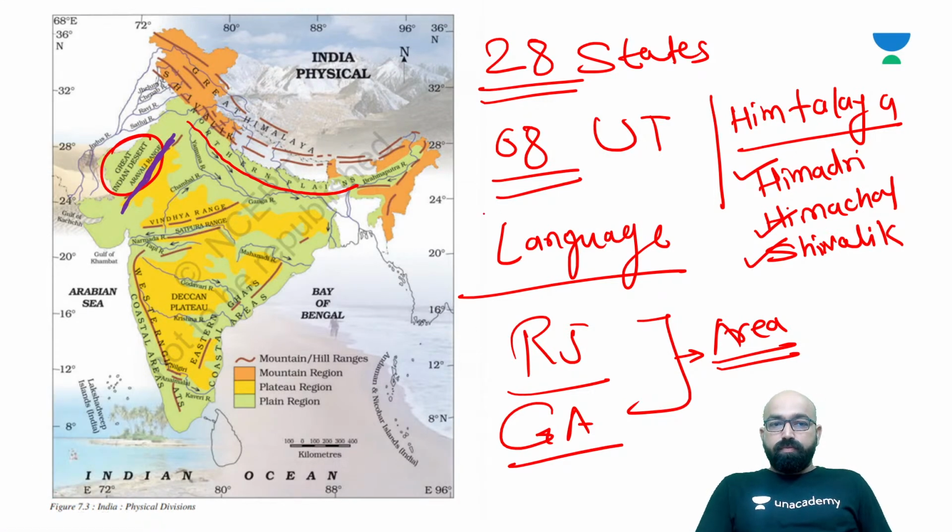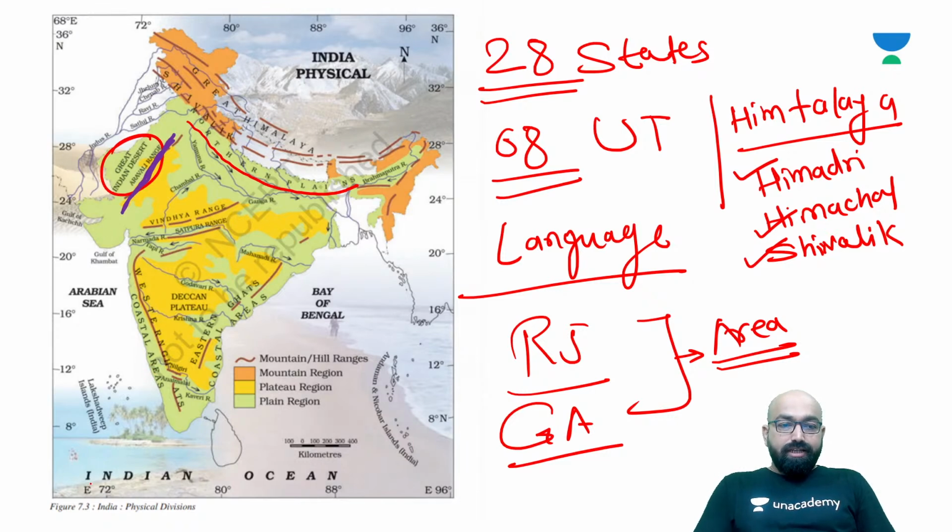Now, the Aravalli, one of the oldest ranges of the world, borders it on the northwest side. Then the Vindhyas and the Satpuras are important ranges.